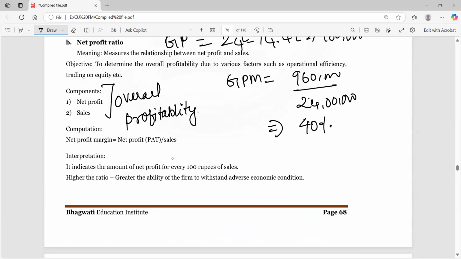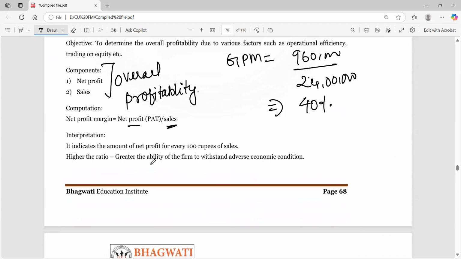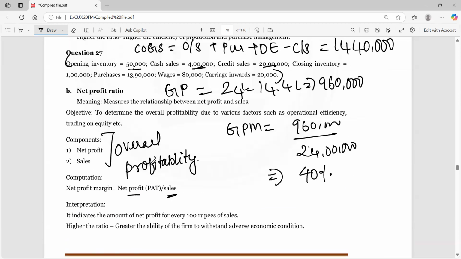So it tells us for every 100 rupees of sales, what is the amount of net profit. The formula is net profit divided by sales. COGS is 60%. Gross profit margin is 40%.